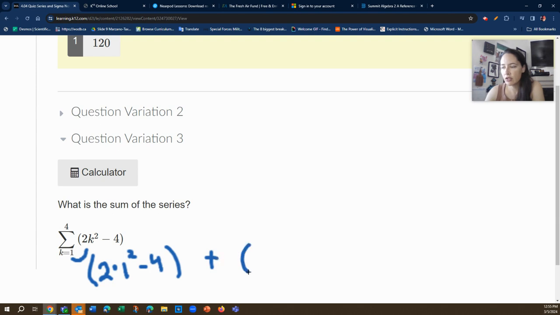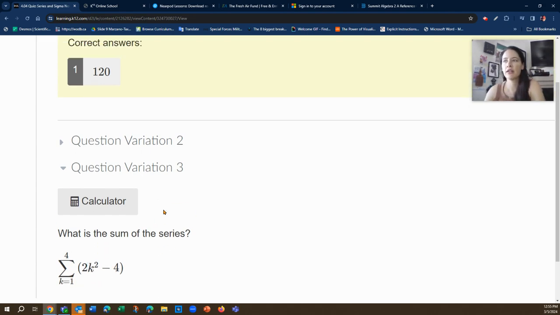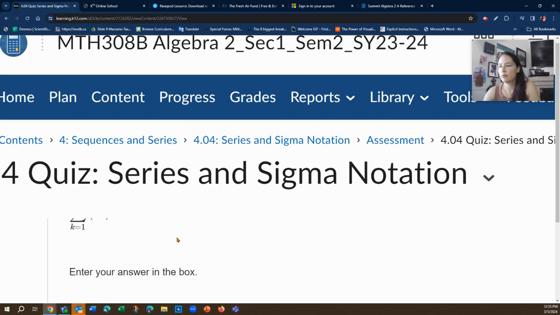Plus 2 times 2 squared minus 4, and so forth. Find each of those values, add them up. What is the sum? And you're good to go. You are welcome to use a calculator. But again, start at 1, 2, 3, stop at 4, substitute it in for k each time, and then add them together.